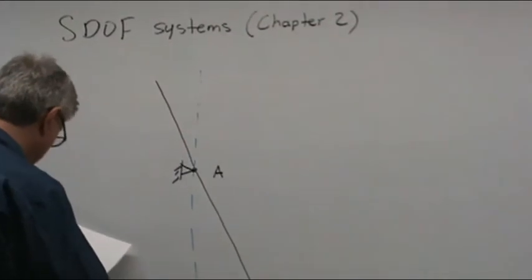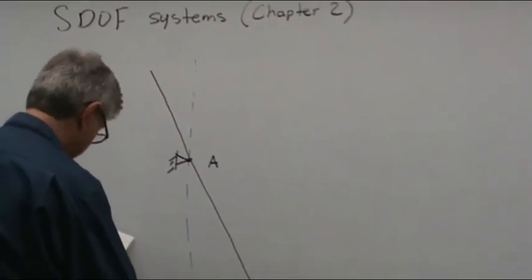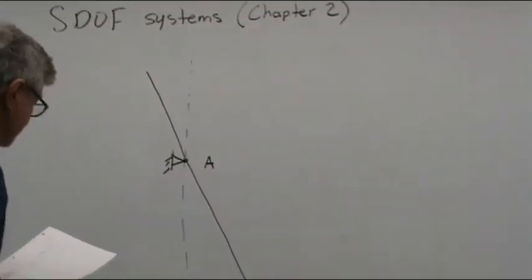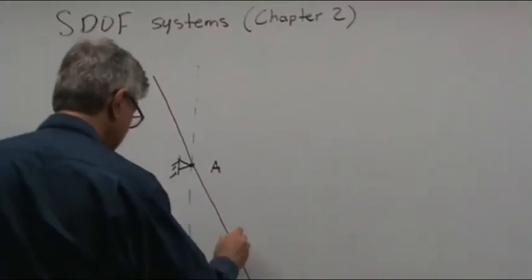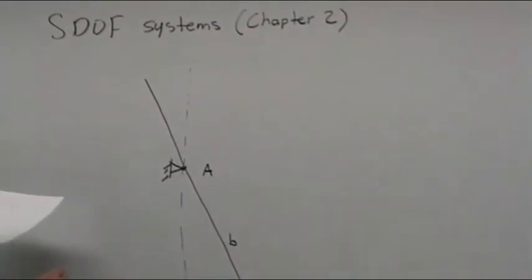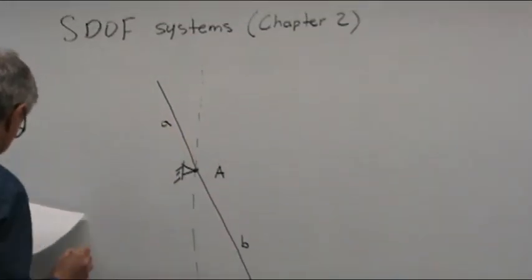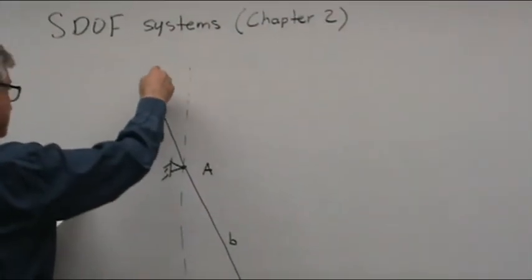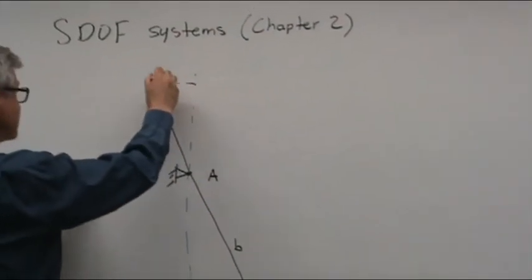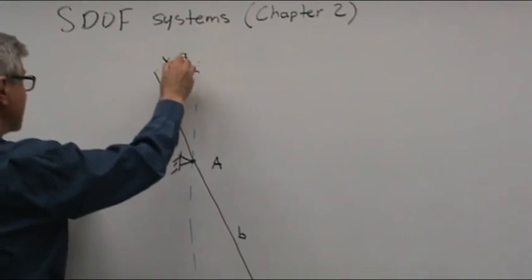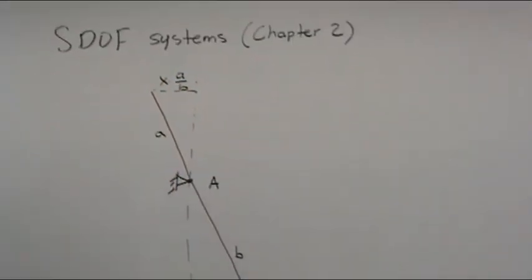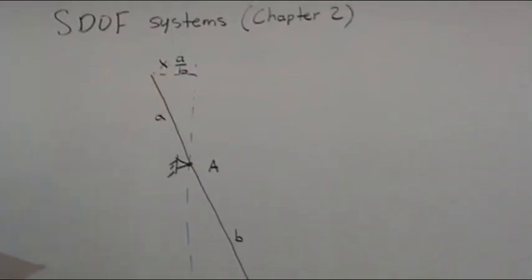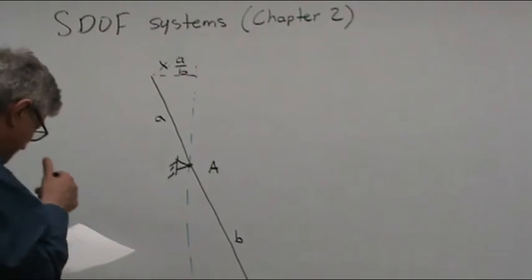The lower part has been displaced by x. This is B. This length is a. The upper part, the displacement is x times a over b. This is the horizontal motion of the upper part.